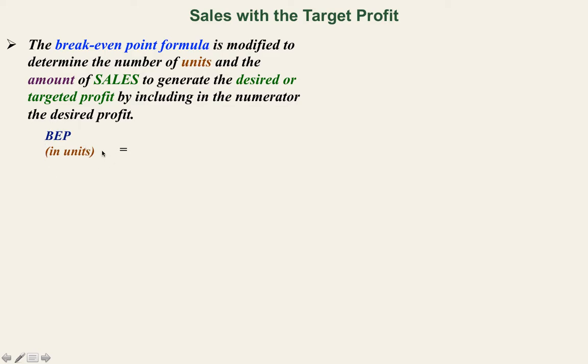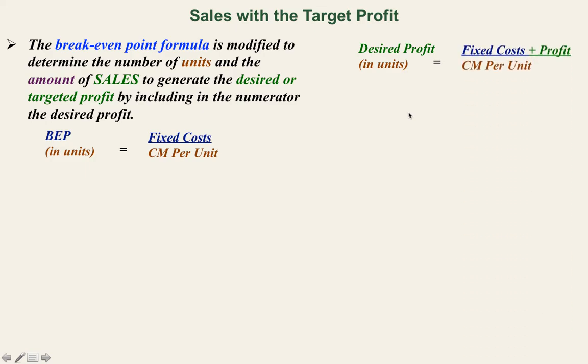So this is our formula for break-even point in units: fixed cost over contribution margin per unit. If we are going to use it with our desired profit, we are going to modify this. So it will equal fixed cost plus the profit over contribution margin per unit.